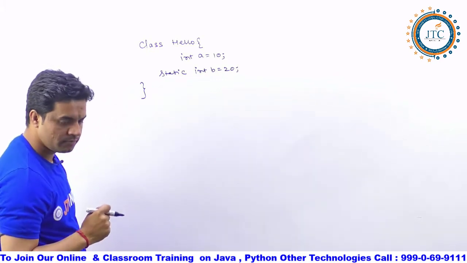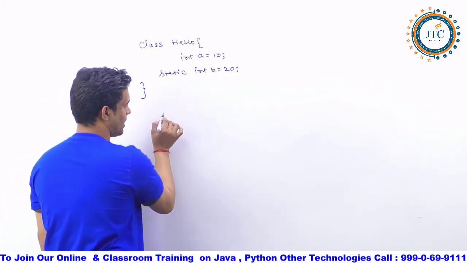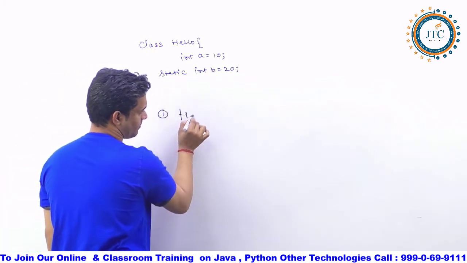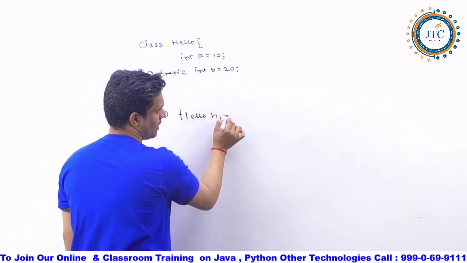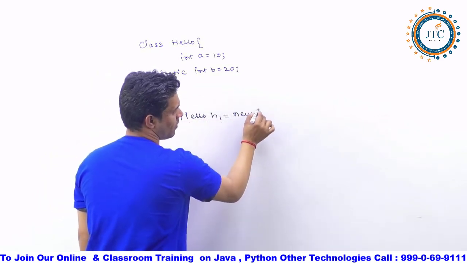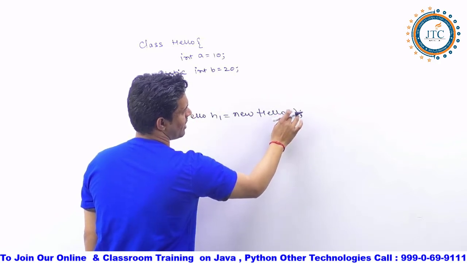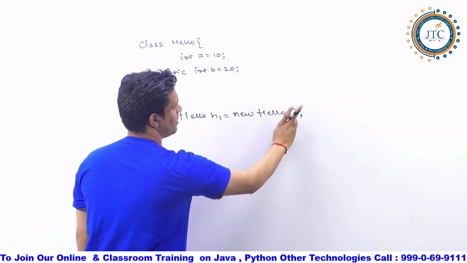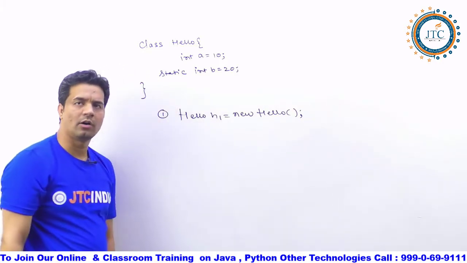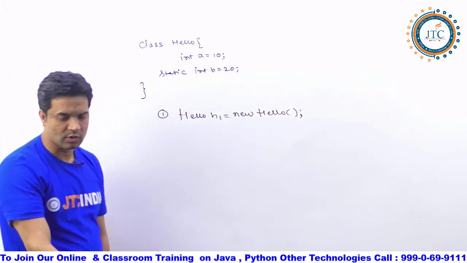What am I going to do now? Creating the object of a class first: Hello h1 is equal to new Hello. I am creating it here. This is one object creation which I am doing here. The object I have created is Hello h1 is equal to new Hello.